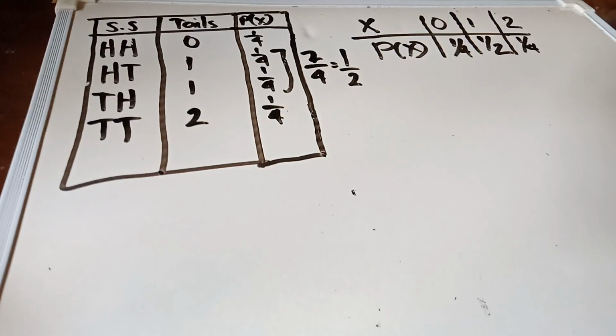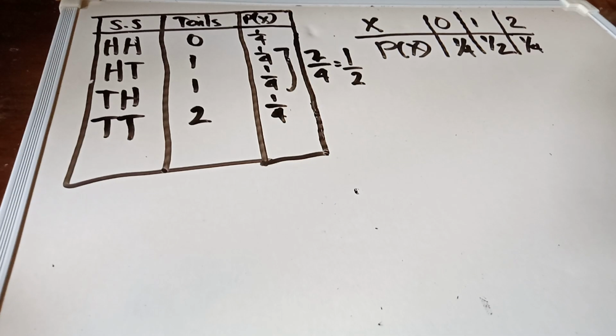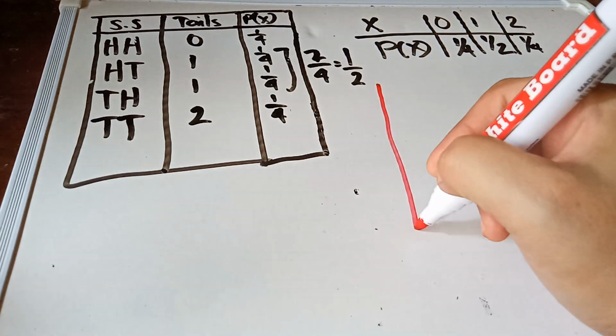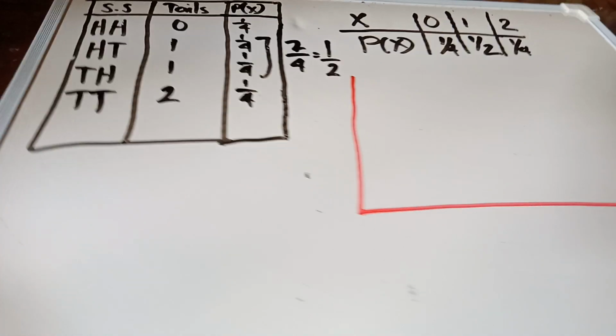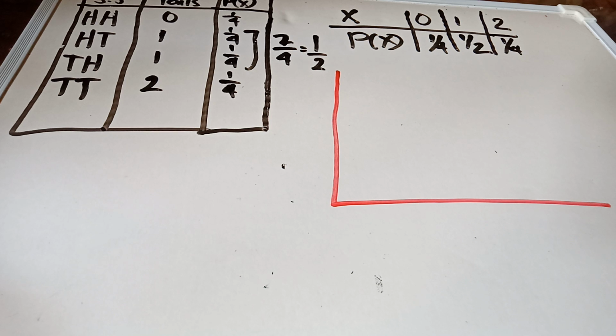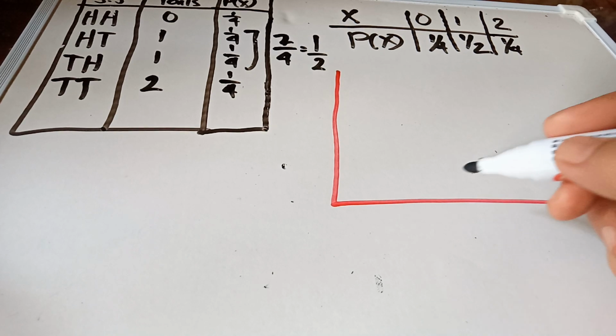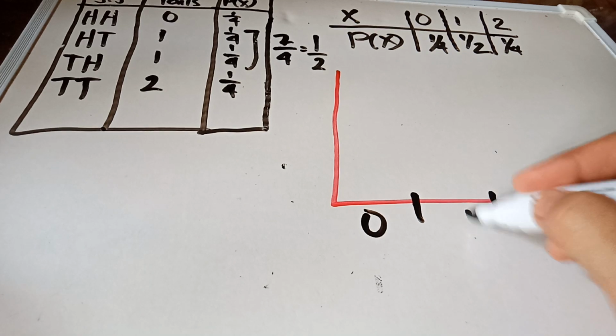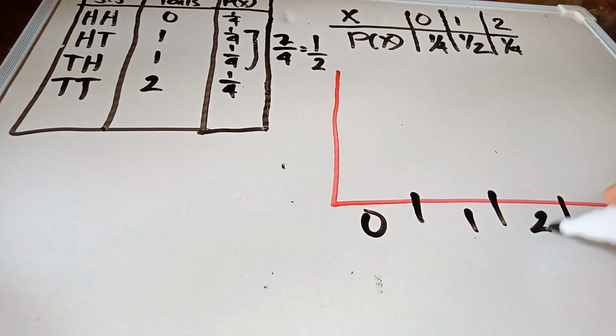Okay, how will you do that in a histogram? We know that a histogram also has an x and y axis. It is different from a bar graph, because a bar graph usually has spaces. So we divide that into 0, 1, and then 2.